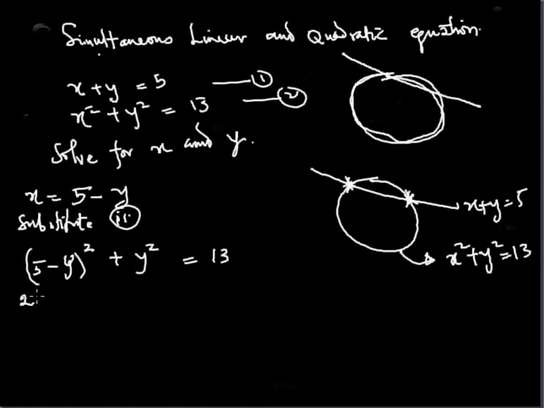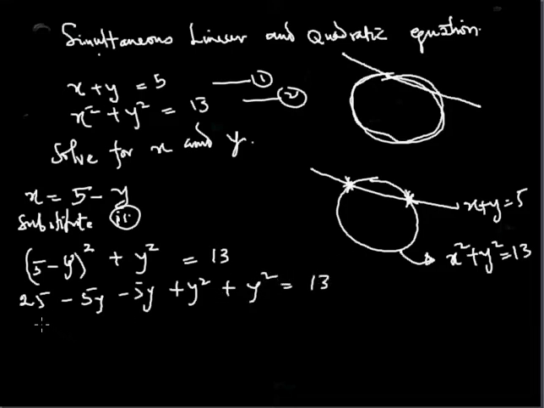This is going to give you 25 minus 5y minus 5y plus y squared plus y squared is equal to 13.